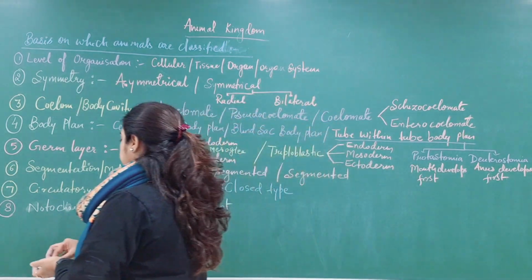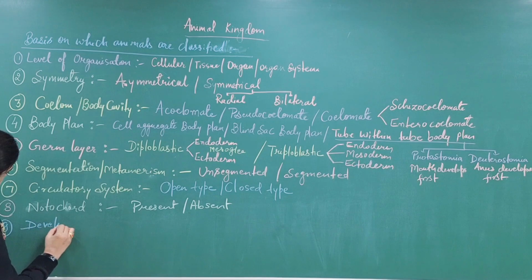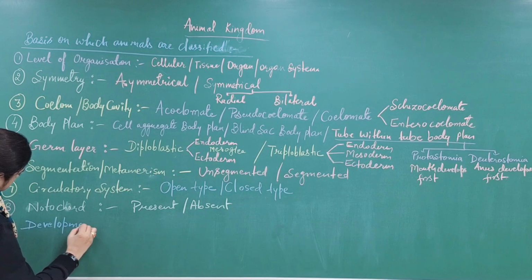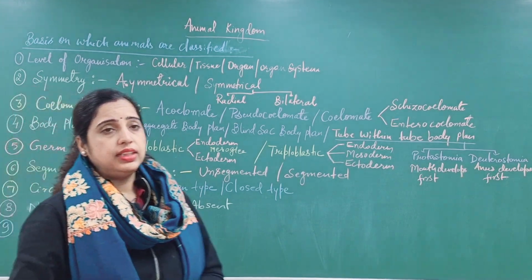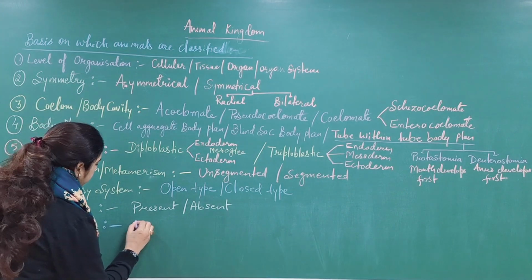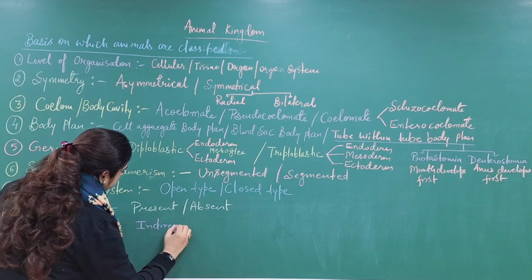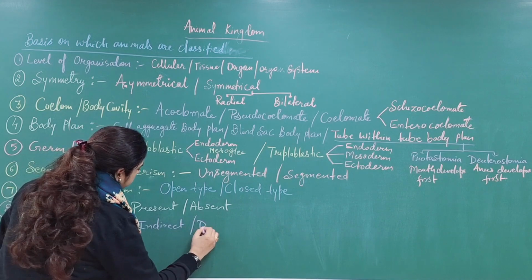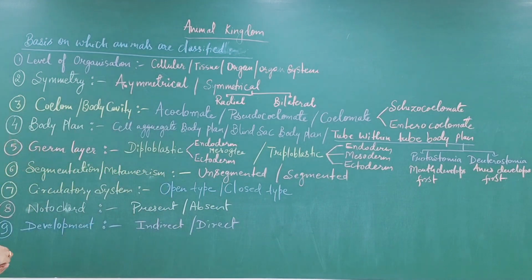Okay, then development is one of the bases, whether they have a larval stage in between their development or not. If they have a larval stage, we call it indirect development. If they do not have the larval stage, we call it direct development.